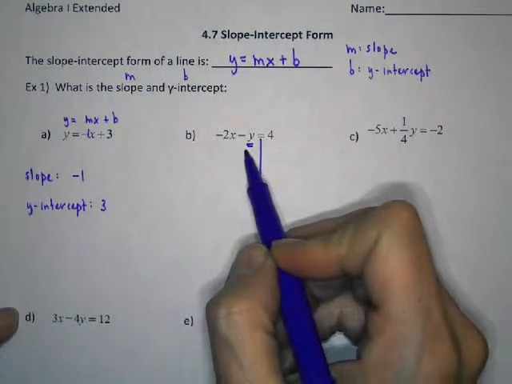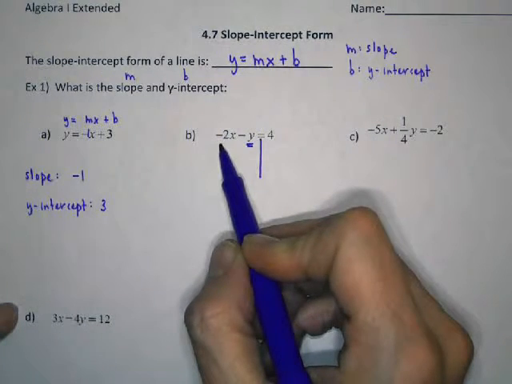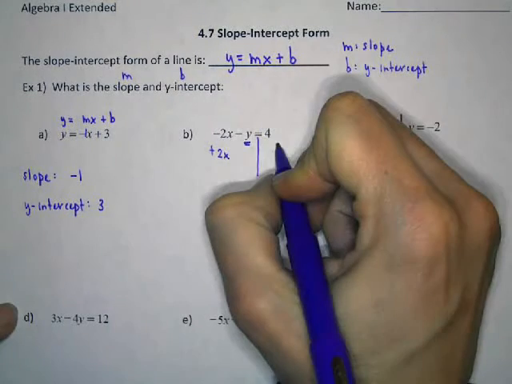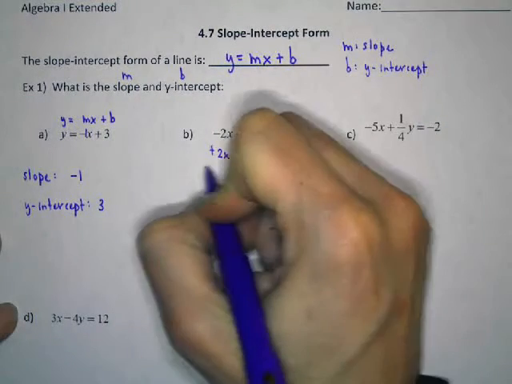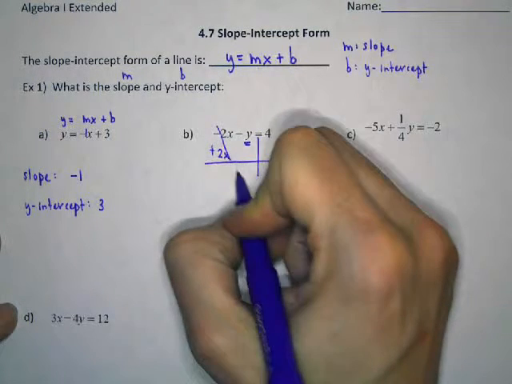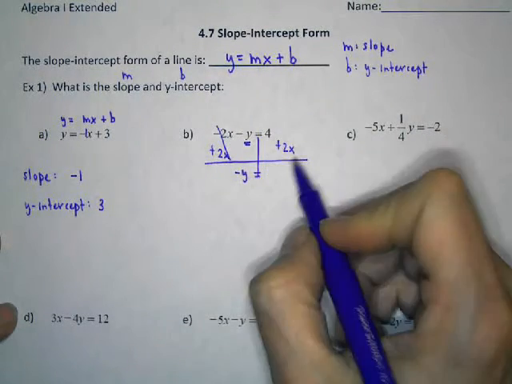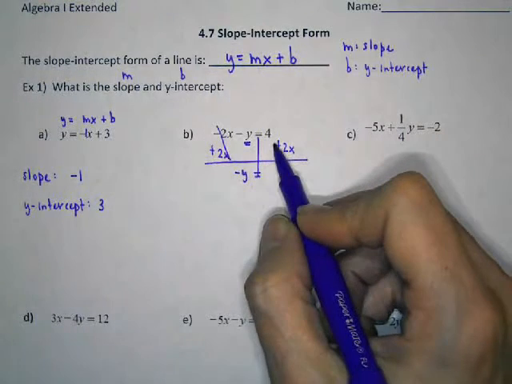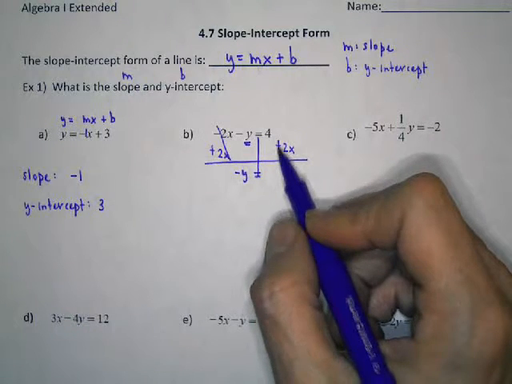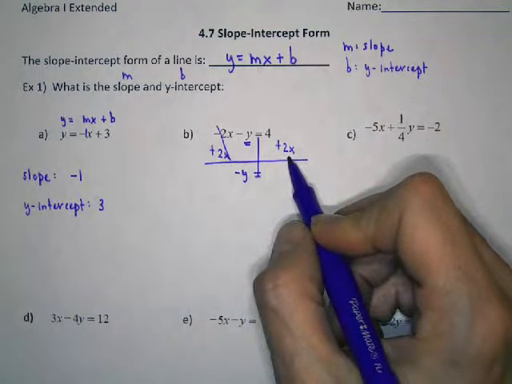So if I want y to be on the left side here, I need to get rid of this 2x. And so to do that, I'm going to add 2x to both sides. So over here, this cancels, and I have my -y. Now over here, you notice I didn't put that 2x under the 4 because I wanted to make sure those didn't get combined. I specifically separated them.